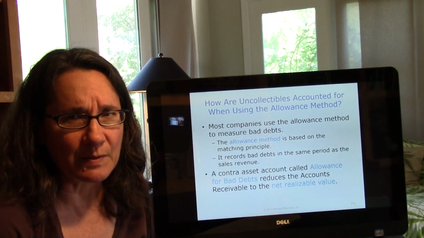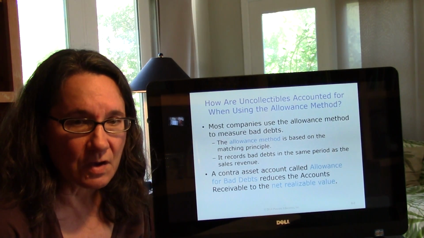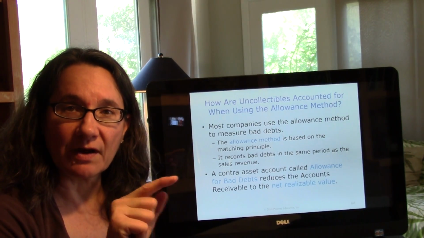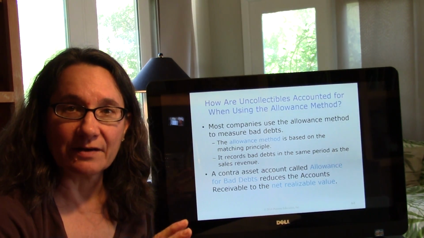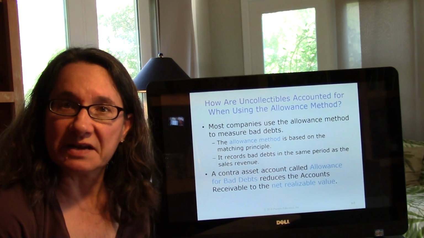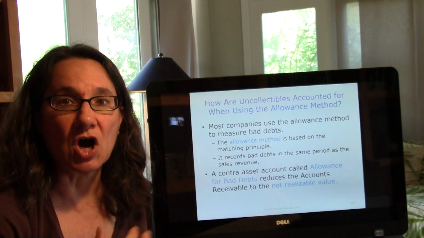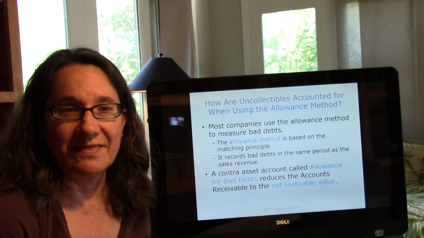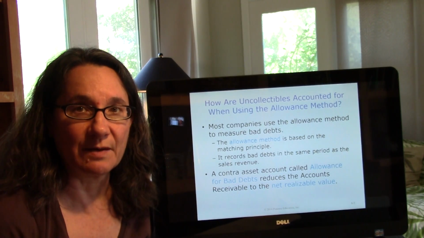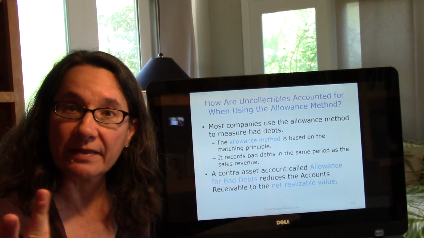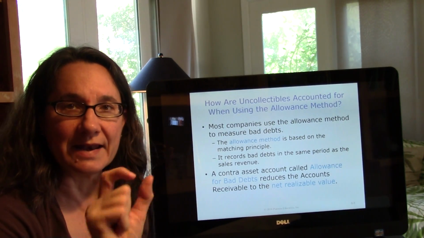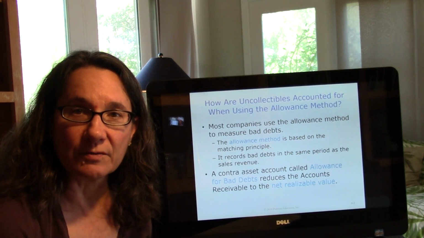However, for a big public company, we have to use the matching principle, which means I have to write off some of that bad debt right now, but I don't know who's not going to pay me. So I just set up an allowance account, this contra account. And then later, when I figure out who went bankrupt, who's not paying me, then I'll just take it out of there. So this allows us to net out our receivables, right?